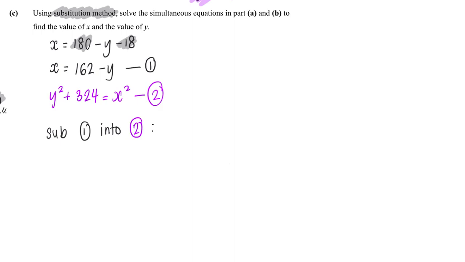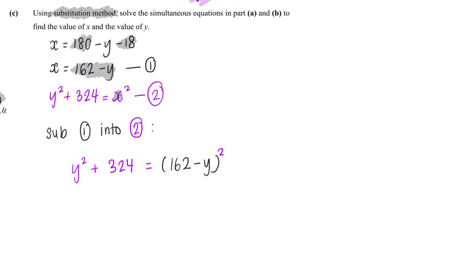And so this x, I'm no longer going to write as x anymore. I'm going to write as 162 minus y. Okay? So the next line you will then see y square plus 324 is equals to x square, 162 minus y square. So now it's just to solve this particular equation now.